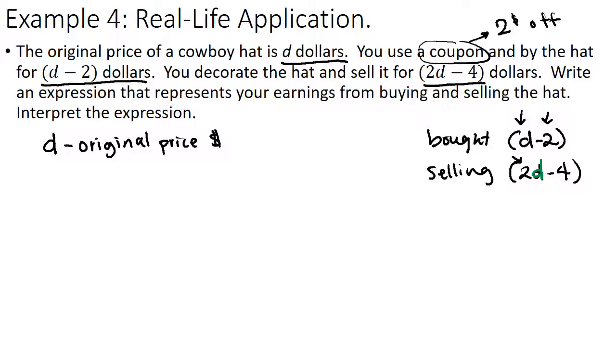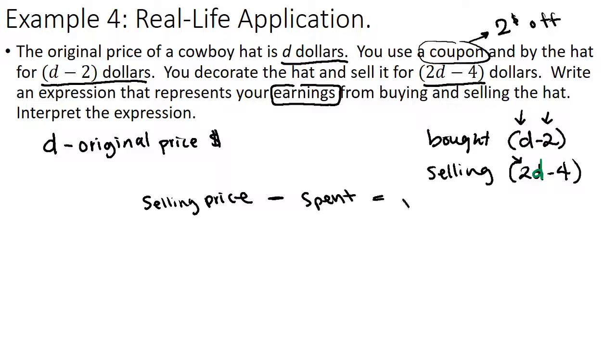Okay? Now, what we want to do is write an expression that represents our earnings. So we want to take our profit. Now, our profit is going to be how much we earn, how much we sell it for, so our selling price, and we're going to be taking away how much we spent.